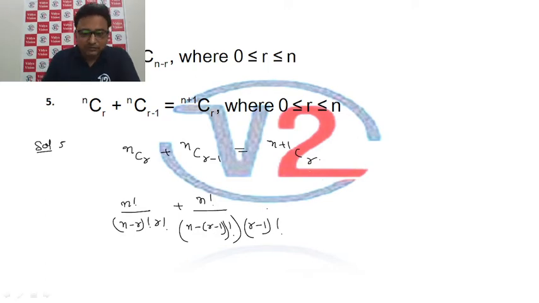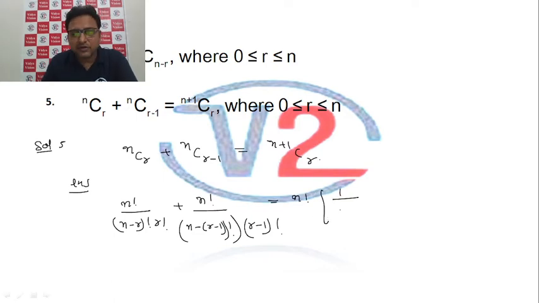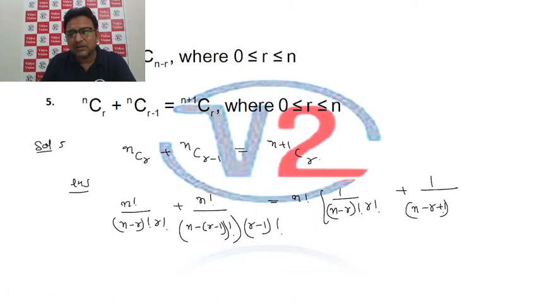Now we take common, this is the LHS, we take n factorial. Now here, 1 upon n minus r factorial into r factorial plus 1 upon n minus r plus 1 factorial into r minus 1 factorial.